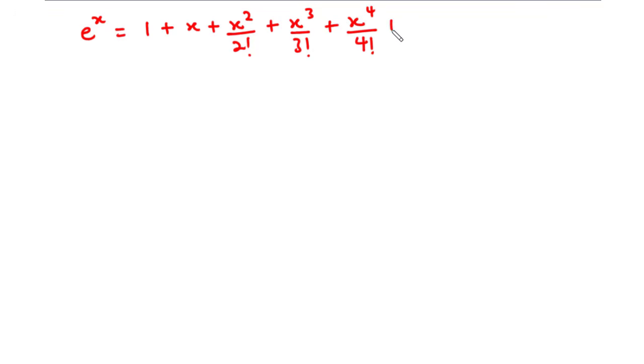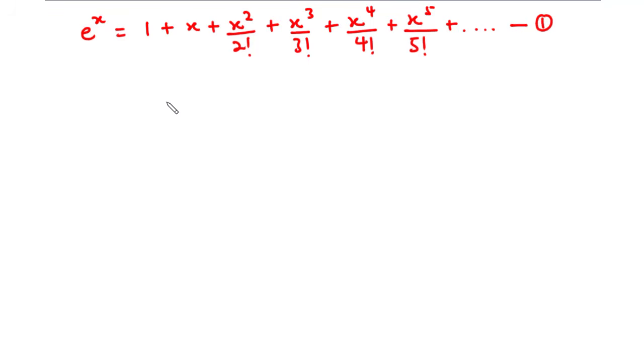So the Maclaurin series expansion of the natural exponential function, that is e to the power x, is given by 1 plus x plus x squared over 2 factorial plus x cubed over 3 factorial plus x exponent 4 over 4 factorial plus x exponent 5 over 5 factorial, and so on and so forth. Now let's call this equation 1.